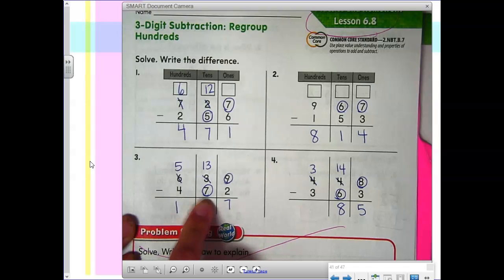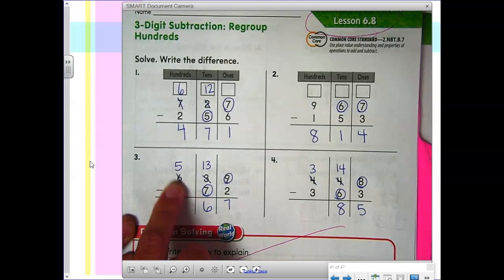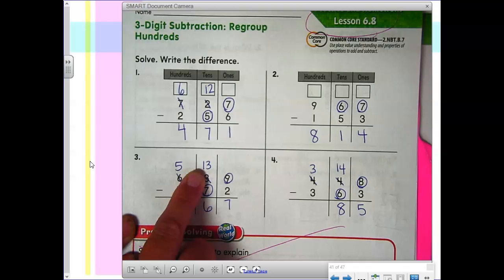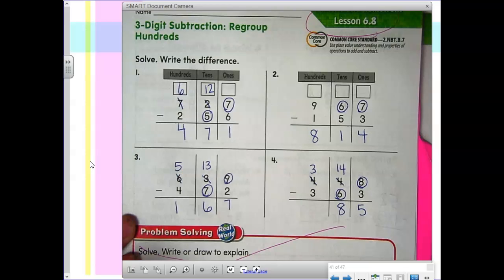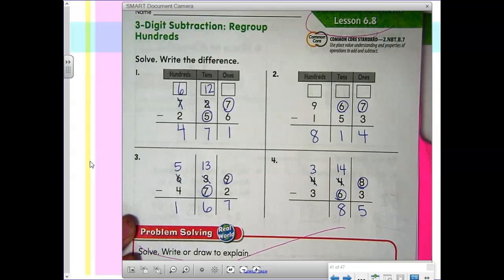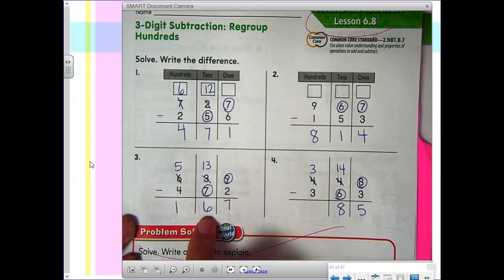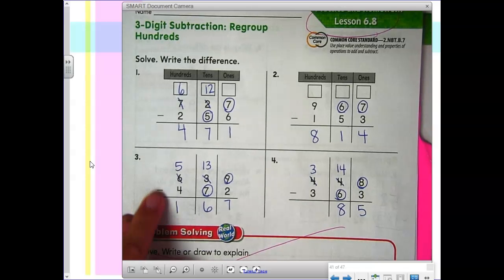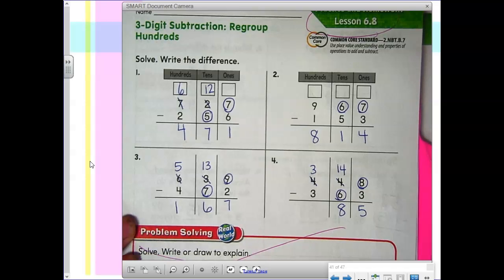I had to go next door and grab 10 more. That changes it to 5 tens. Add a group of 10 tens next door. 3 plus 10 is 13. Then I can subtract. 13 minus 7 is 6. And in the hundreds place, 5 minus 4 is 1. 167.